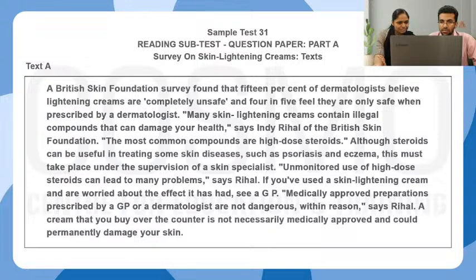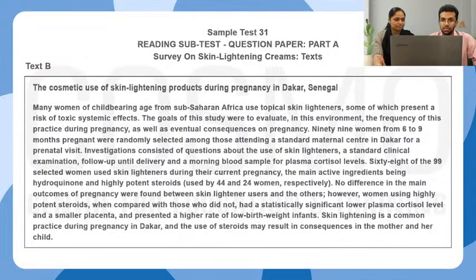And then dermatologists. Then you got a phrase here, over the counter. When you can buy medicines without prescriptions, that is over the counter. That's the phrase for buying medicines without a prescription. Right. So I think we can move to text B.